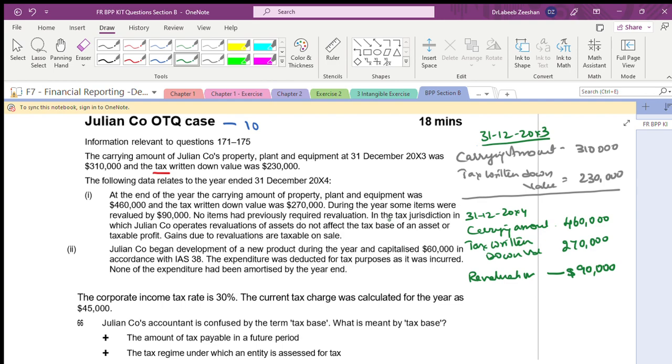In the tax jurisdiction in which Julian operates, revaluation of assets does not affect the tax base of an asset or taxable profit.